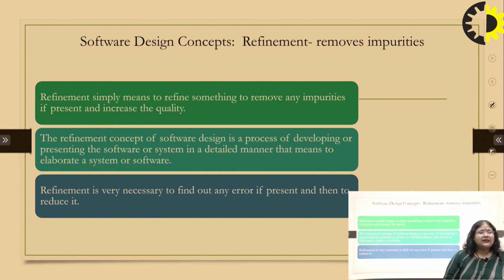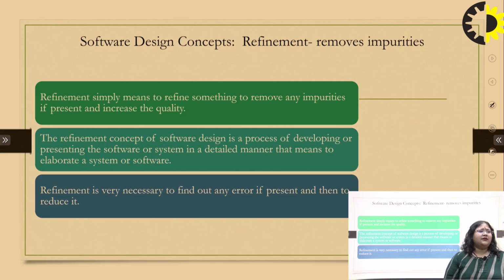Now the next thing is refinement. Refinement means we have to remove the impurities of the system. It means we have to refine something. That means we remove the errors, remove the things that decrease the quality of the software, remove the logical errors, and remove the hardware errors.